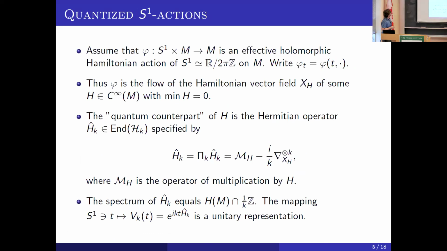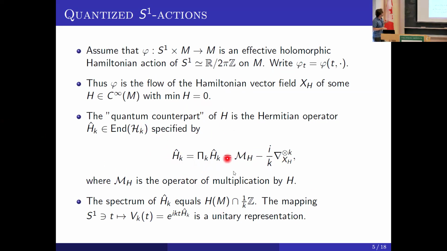So I will consider the following settings. We have an effective holomorphic Hamiltonian circle action. It doesn't necessarily have to be effective, but for an 8-minute talk it has to be. We have this normalization where the minimum of the Hamiltonian is 0, and we define quantum observables originating in smooth functions, the momentum map.